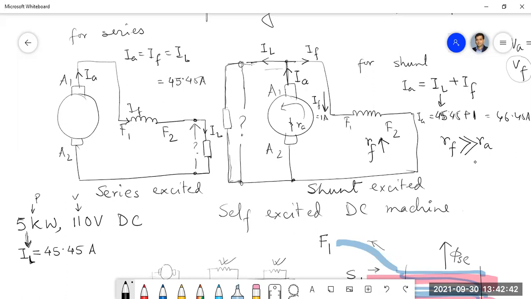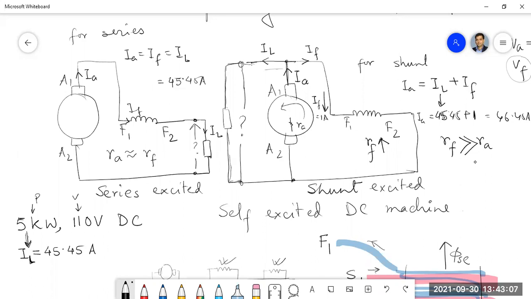Now can you tell me here what should be the value of the field resistance? The field resistance value should be as low as possible. If the armature resistance is already low, generally the field resistance should be very near to the armature resistance value.